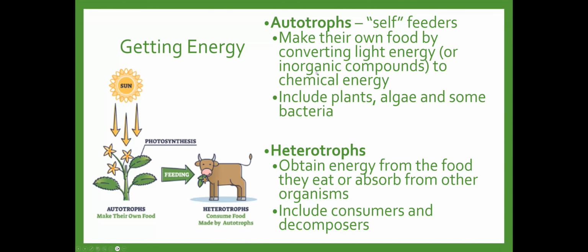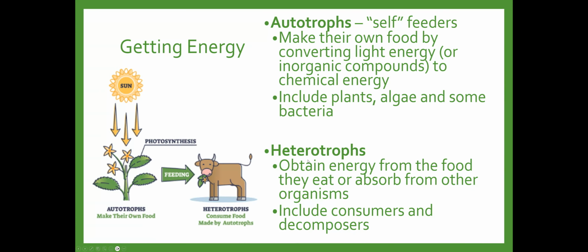We can talk about it later. But organisms that live in areas where there is no light, like hydrothermal vents, the bottom of the ocean, and deep caves, include some bacteria that are able to take inorganic compounds from the earth and turn them into food. Those are what we call chemoautotrophs, but we're focusing on the photosynthetic autotrophs in this lesson. Either way, autotrophs can make their own organic compounds.